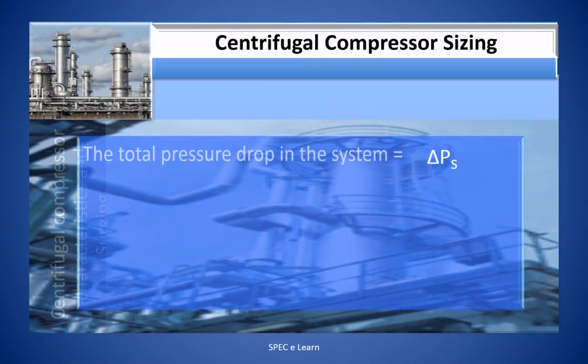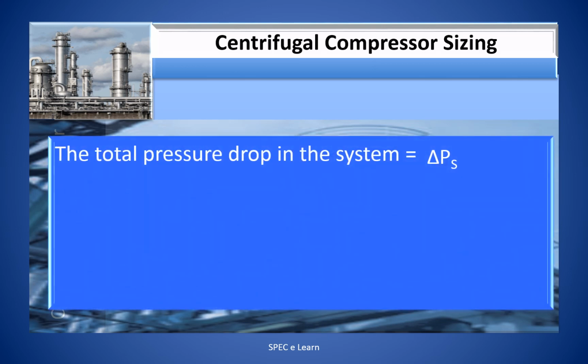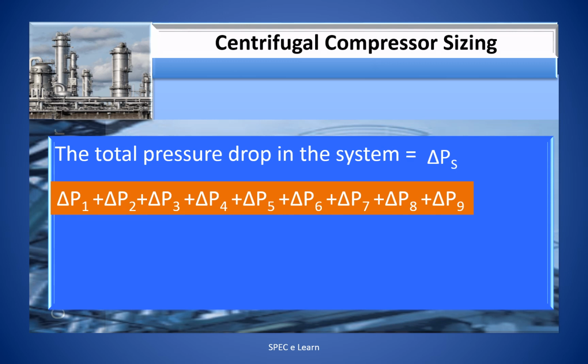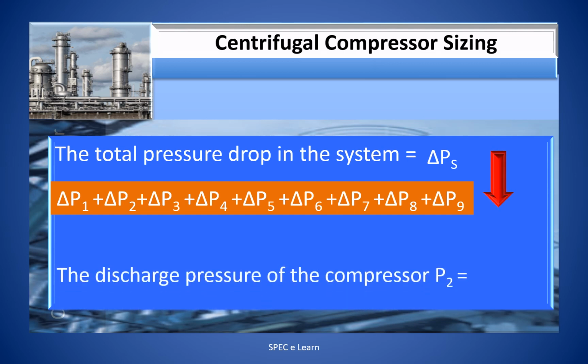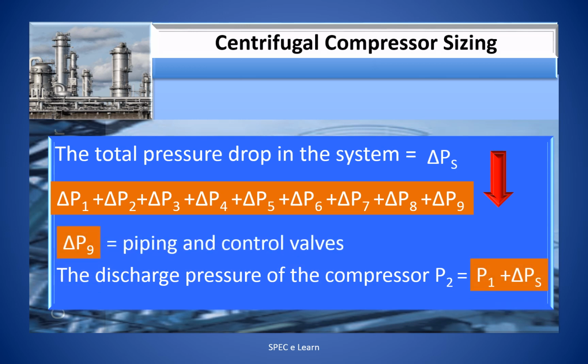So the total pressure drop in the system, which is delta PS, is a sum of all the pressure drops across the equipment and the piping and instrumentation system. This is shown here. So discharge pressure of the compressor P2 becomes P1 plus delta PS.